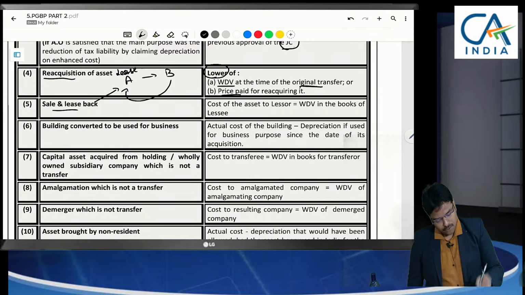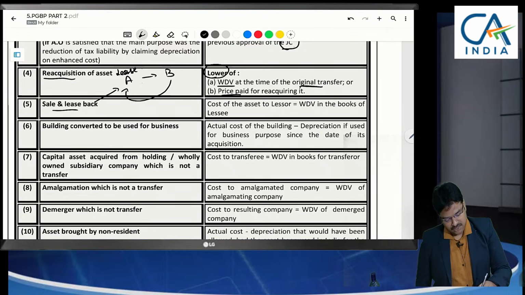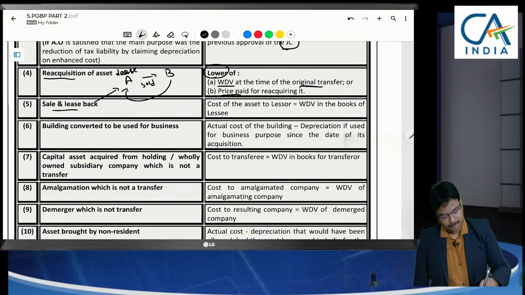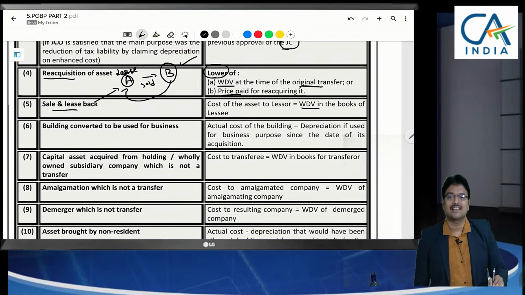Tell me, who has to claim depreciation? Since A has sold the asset to B, now who is the owner? B is the owner. So who can claim depreciation? B can claim depreciation. On which value? WDV of the lessee. A's WDV only.